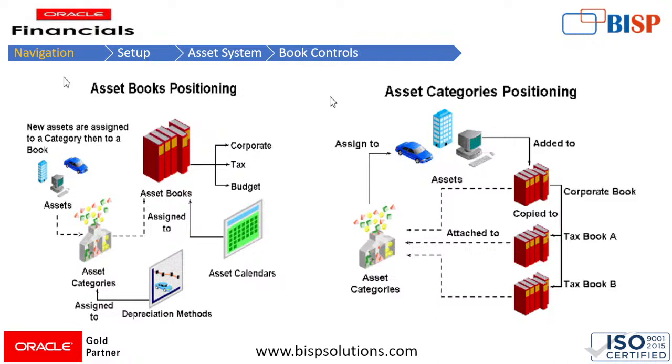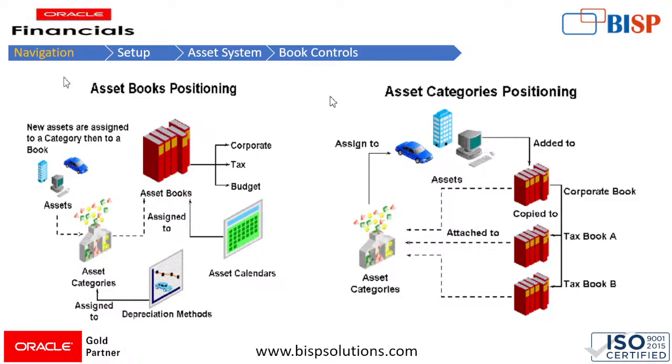So here is the navigation we have to take: Setup, Asset System, Book Control. So this is the navigation path. To define your book control, you use the book control window to set up your depreciation book or corporate book.